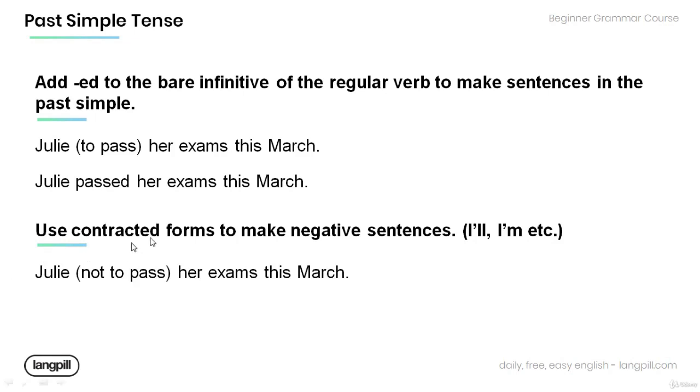Remember that we use contracted forms to make negative sentences. Julie not to pass her exam this March. Julie didn't pass her exam this March.